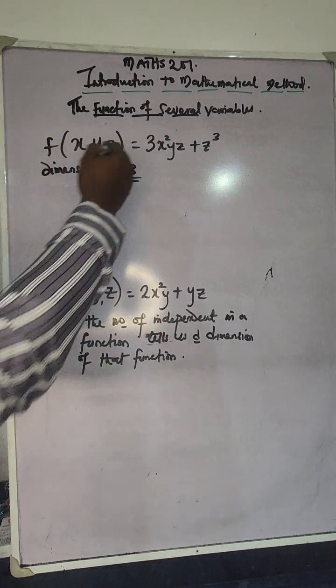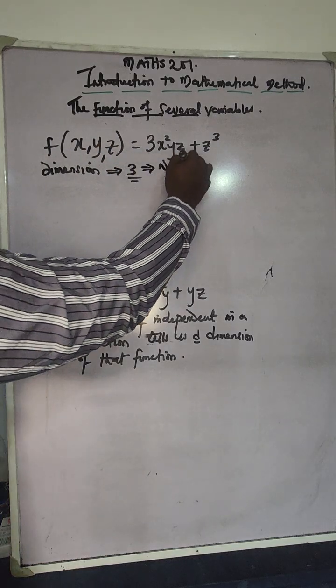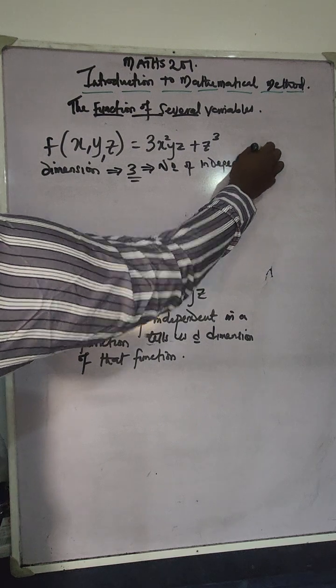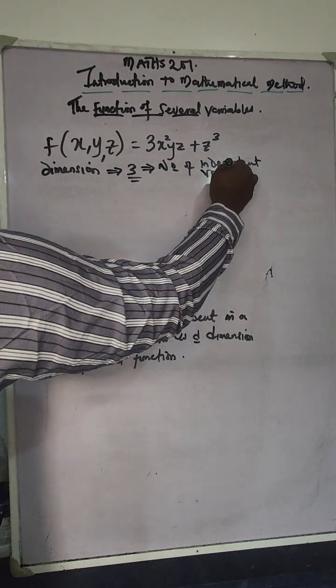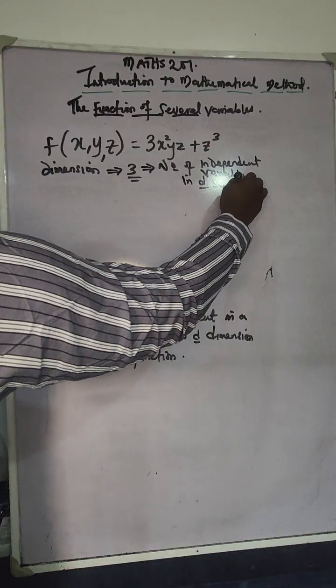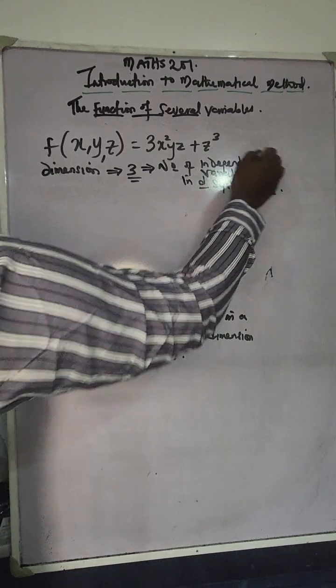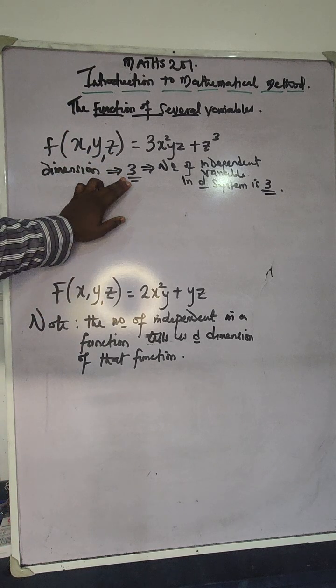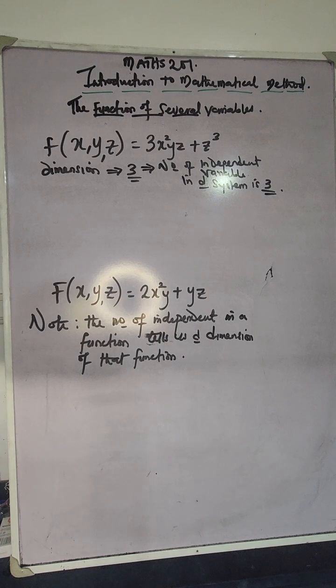Why? Because the number of independent variables in the system is 3. Did you see that? So the number of independent variables present in the system tells us about the dimension of that system.